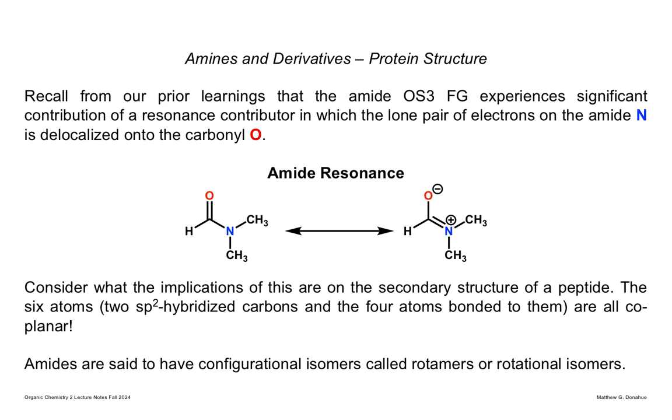The other factor of the amide bond is resonance. And this really impacts, again, the secondary and tertiary structure. So we know that nitrogen has a lone pair. We know that CNOF increases electronegativity, so oxygen's more electronegative.